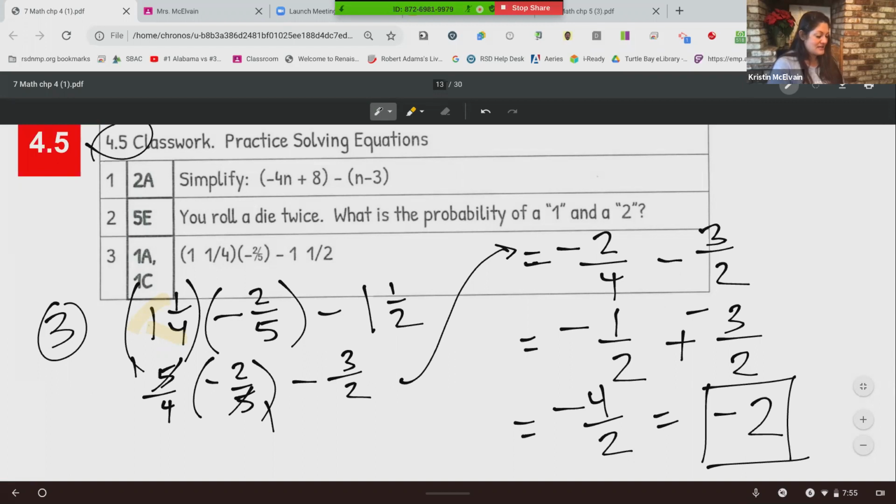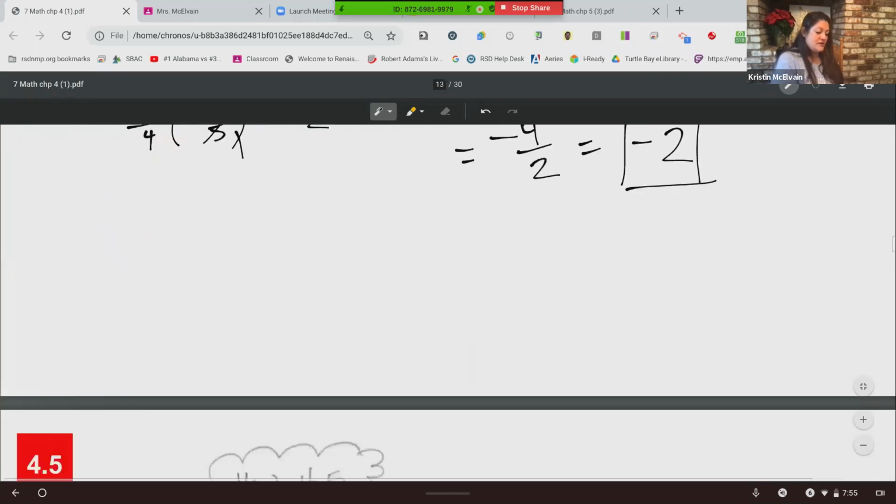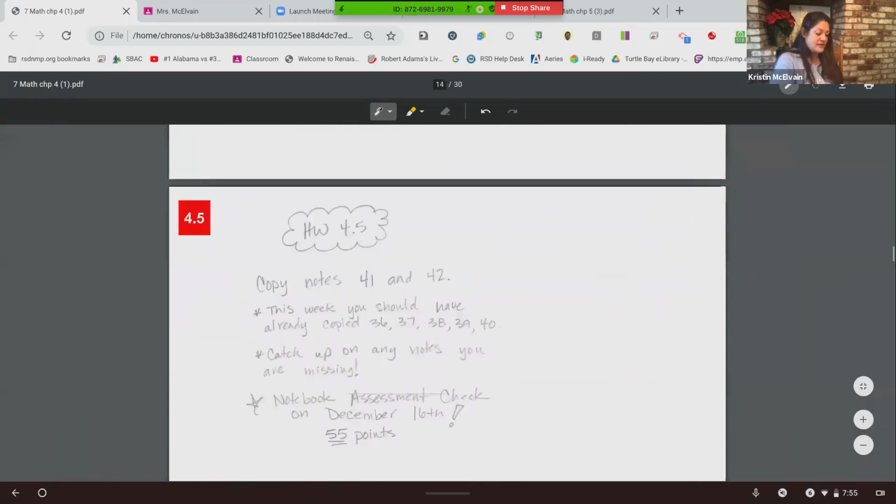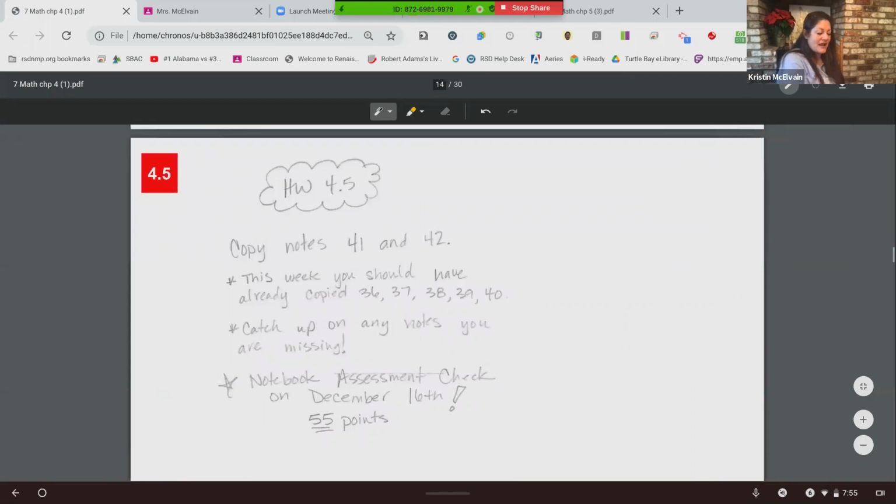All righty. So that is it for 4.5. You'll look at the back of your next one. Here it is, homework 4.5. Copy notes 41 and 42. Now yesterday, if you weren't able to do 4.4 by yourself, you would have made sure that you did all of these notes.